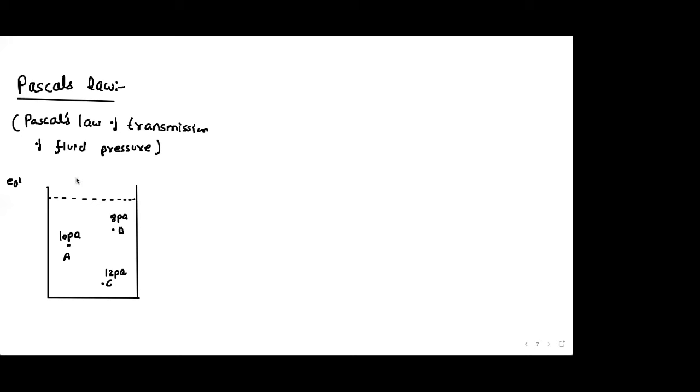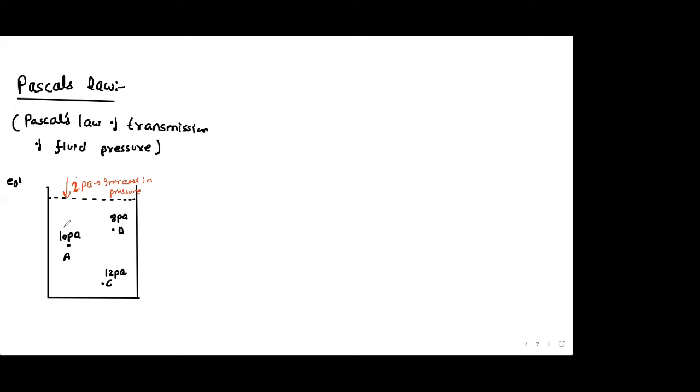This is the pressure at every point. Now, I'm increasing the pressure over here. Like I'm pressing this liquid surface with some pressure, and let's say that pressure is 2 pascals. Then Pascal's law of transmission of fluid pressure says that this increase in pressure will transmit equally throughout the liquid.